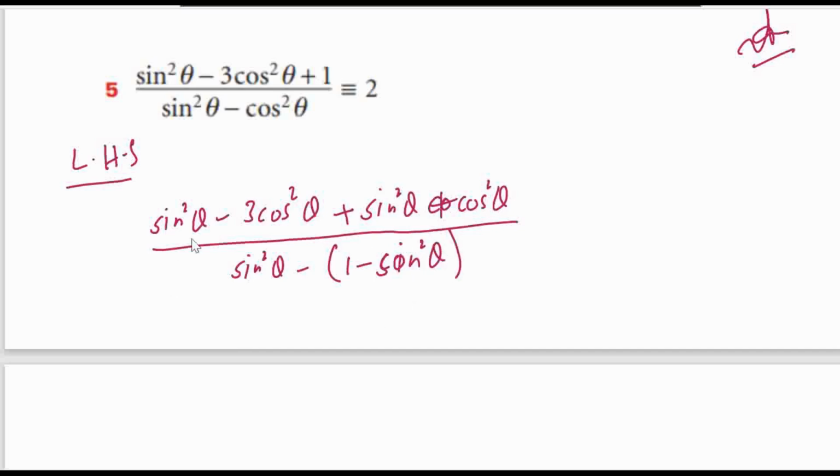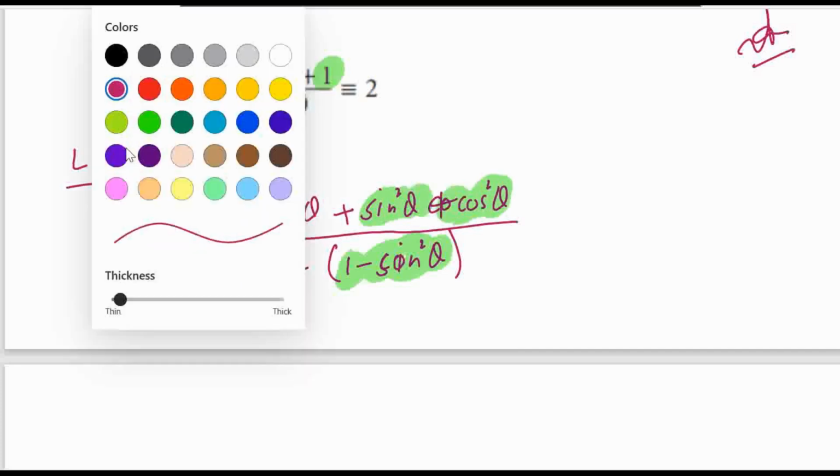I hope that this thing is clear. We are just using the identities that we have replaced cos square theta with 1 minus sine square theta and 1 with sine square theta plus cos square theta. I hope that this thing is clear to all of you.